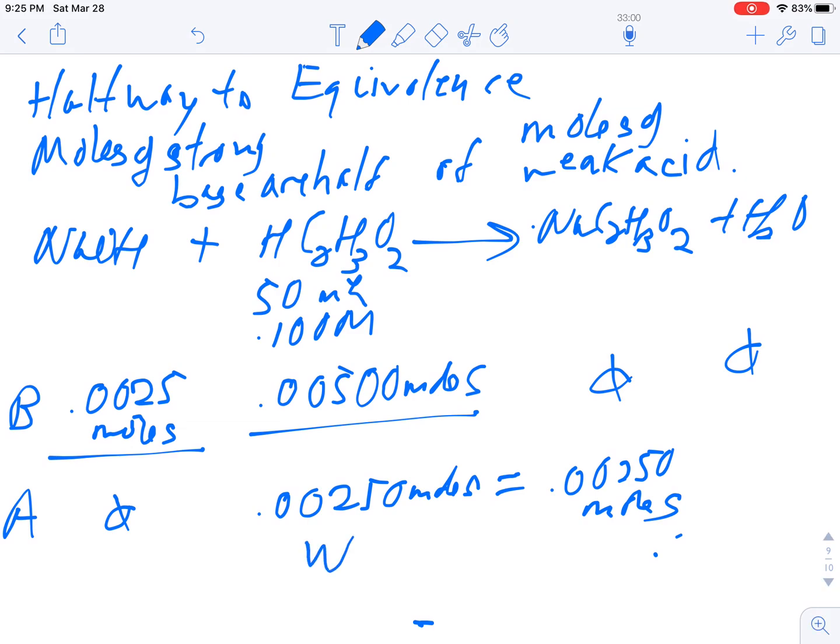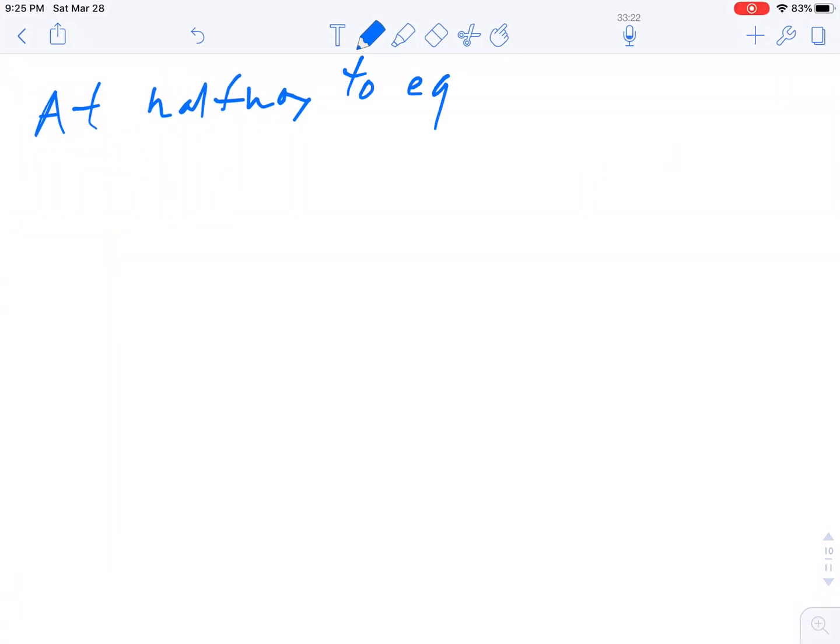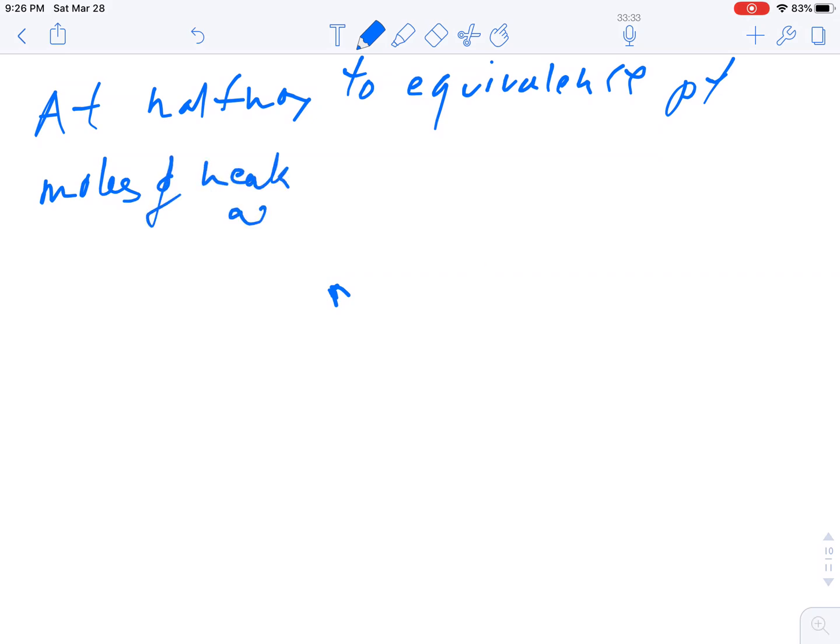This is the weak acid. This is the conjugate base. So at halfway to the equivalence point, the moles of weak acid equal the moles of conjugate base.